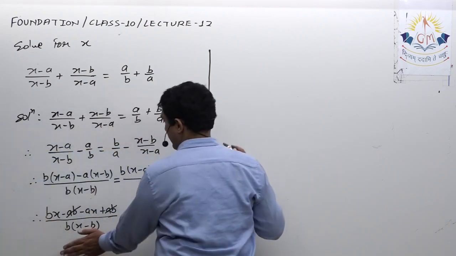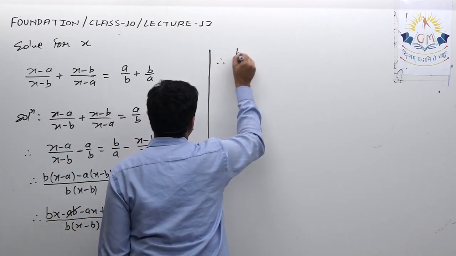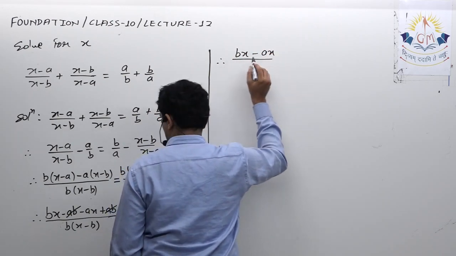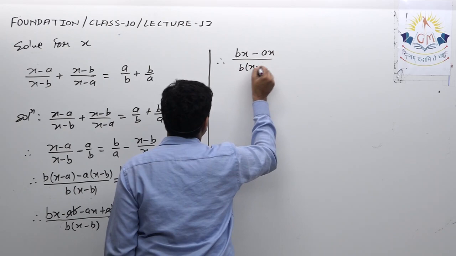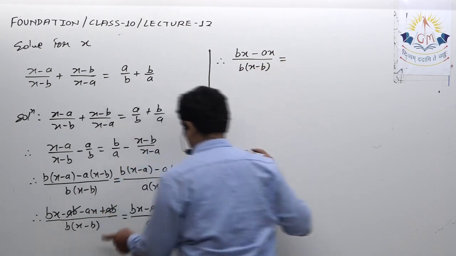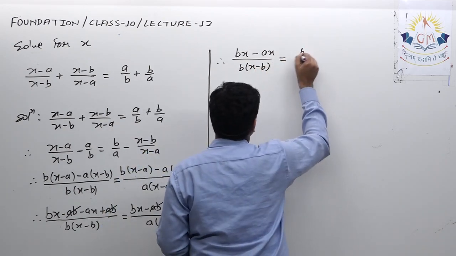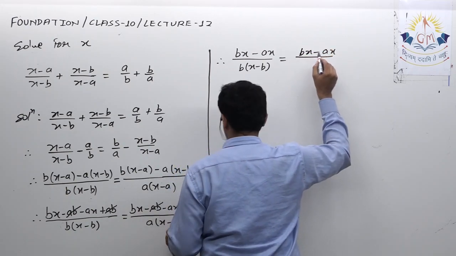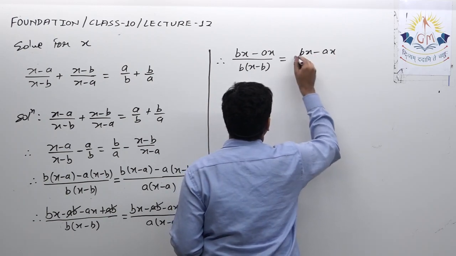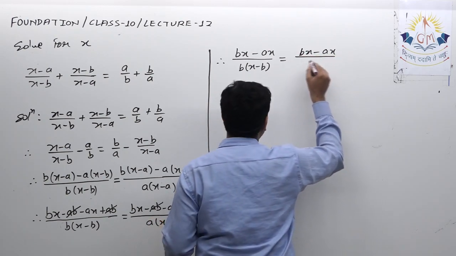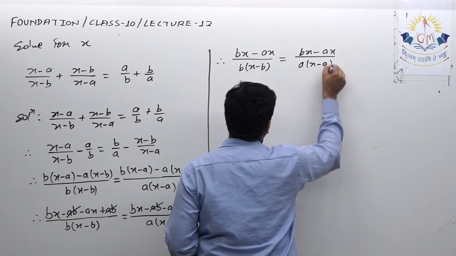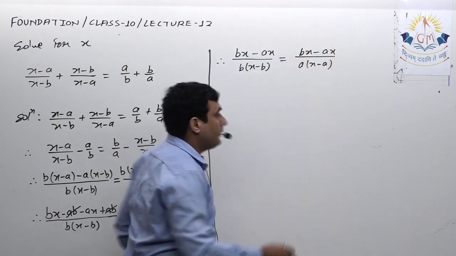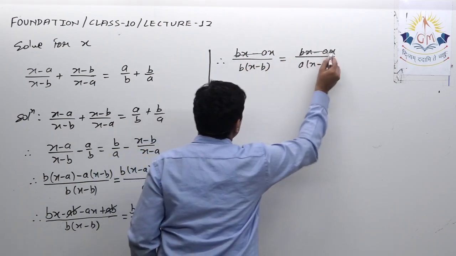So in the numerator on the left hand side I'm getting bx minus ax, denominator b into x minus b, and on the right, minus ax plus bx, over a into x minus a. Now you can observe this is bx minus ax, this is also bx minus ax. I can cancel out these two terms as well.